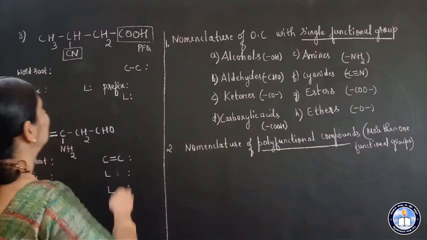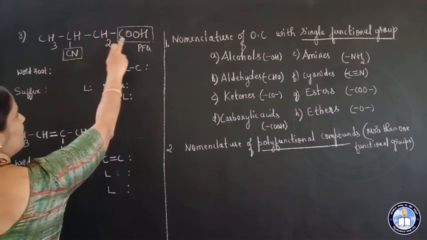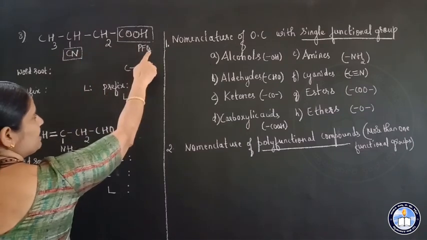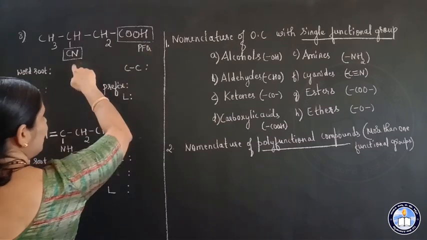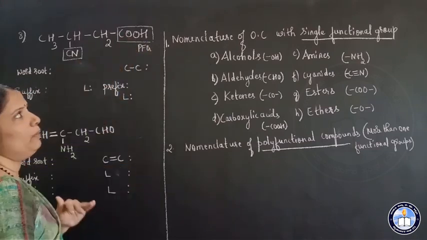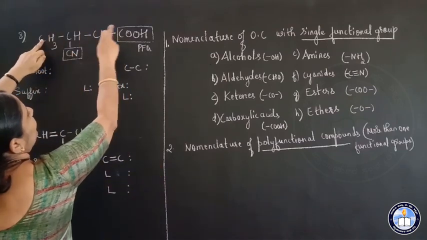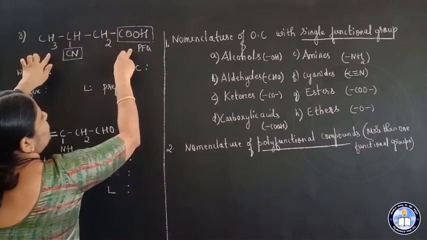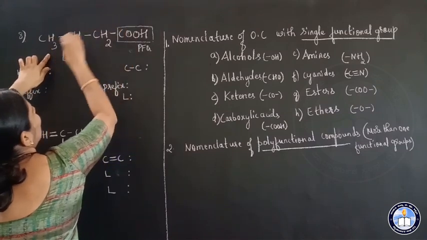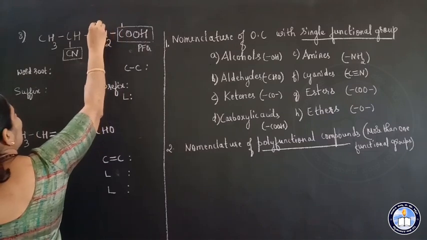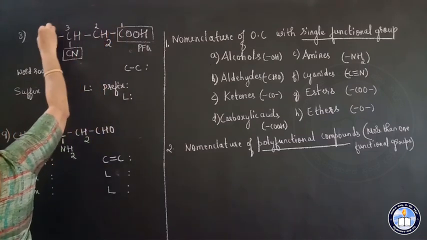Now see here, the next compound, this has got COOH and CN, two functional groups. COOH is the principal functional group, CN lies below COOH in the priority list. Now, so 1, 2, 3, 4. Now this will be the parent chain. Numbering, carbon atom of COOH group 1, 2, 3, 4.